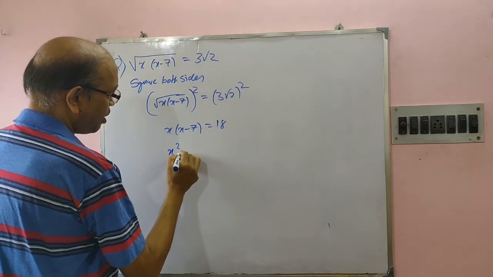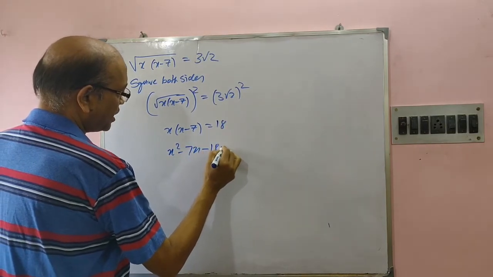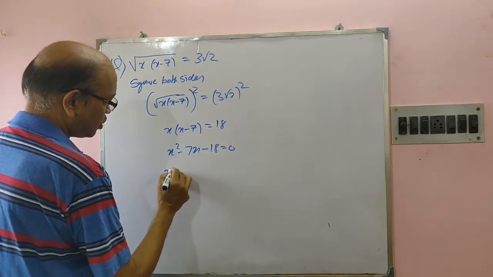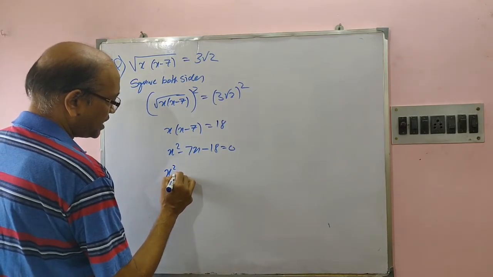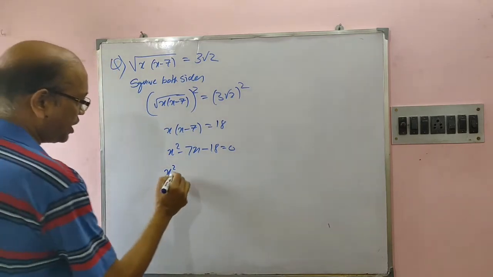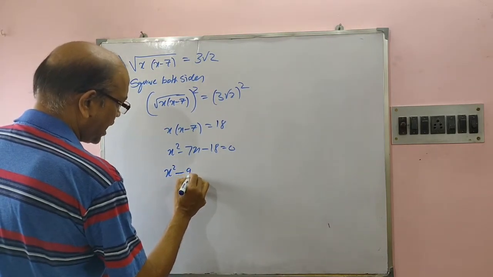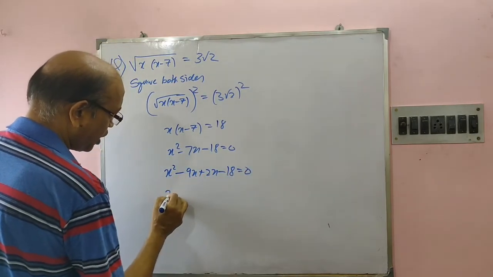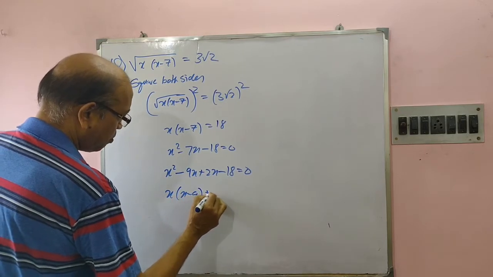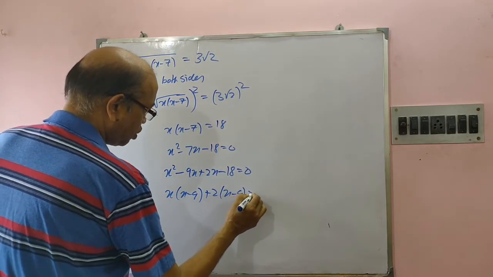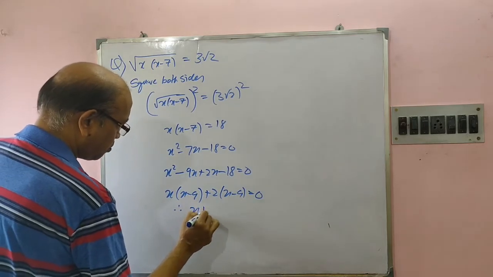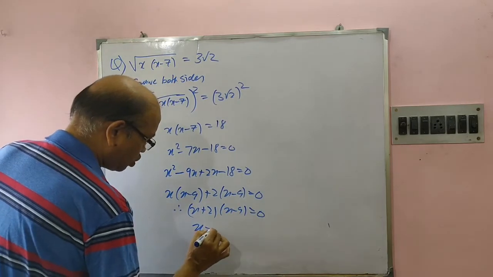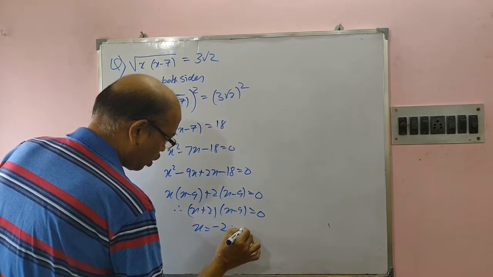So I get x square minus 7x minus 18 equals 0, and then this means x square minus 9x plus 2x minus 18 equals 0, since 9 2s are 18. So x into (x minus 9), plus 2 into (x minus 9) equals 0. Therefore x plus 2 or x minus 9 equals 0. Therefore x equals minus 2 or 9.